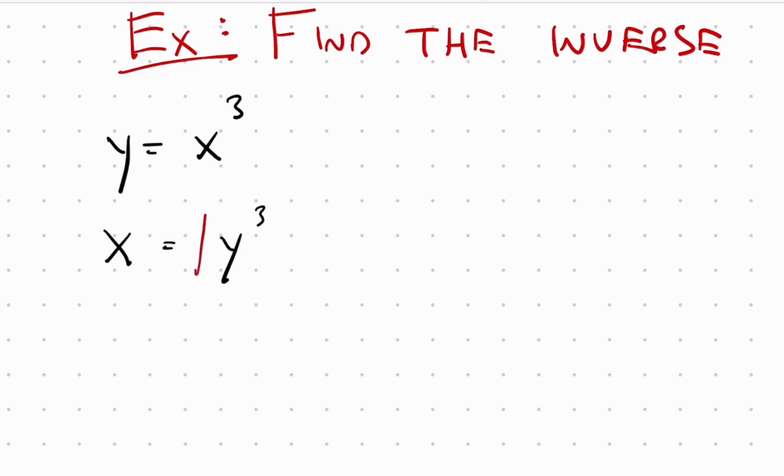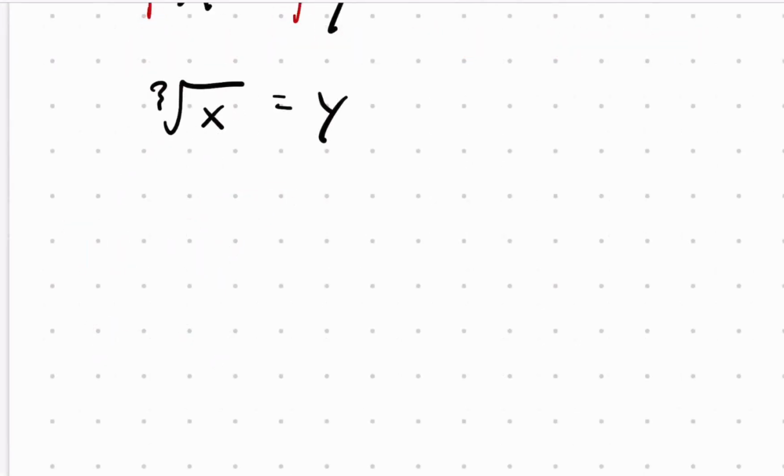If we take the cube root of both sides, the cube root will cancel with the cubed on the y, and we're left with the cube root of x is equal to y. Since what we've found is the inverse of our function f, replace the y with f inverse of x.